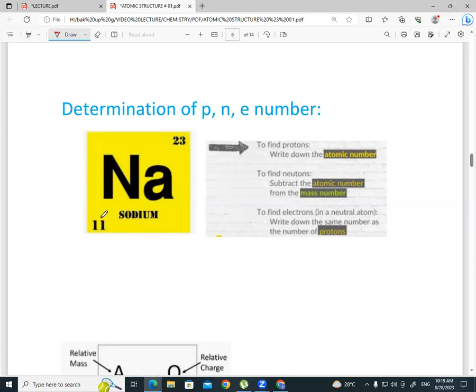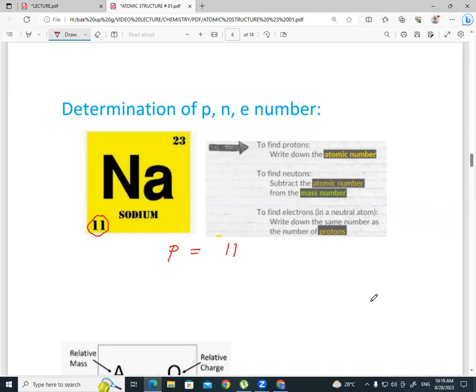So what will be the atomic number of any element? It will be the number of protons of that element. So here the atomic number is 11. It means that the number of protons is also 11. So we can write here that the number of protons is 11.